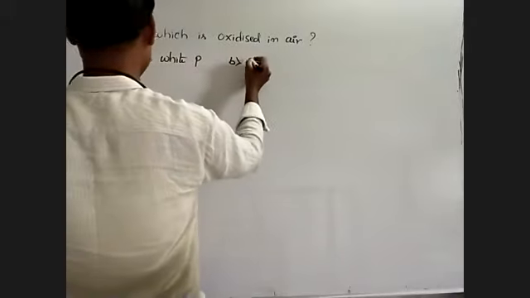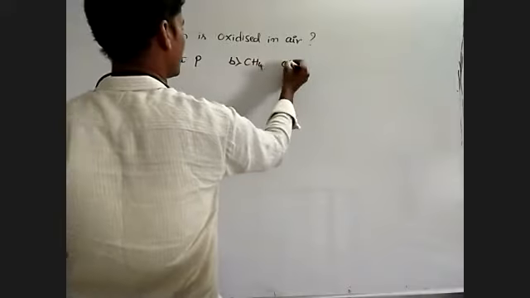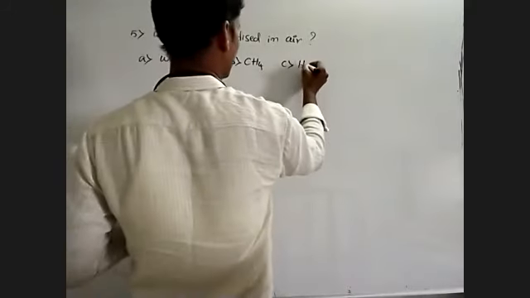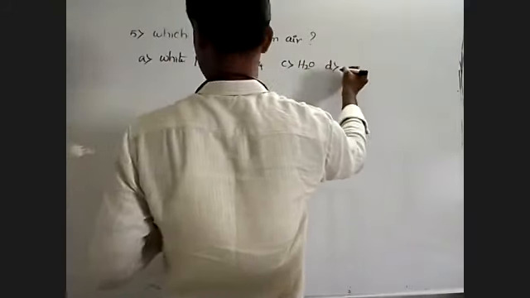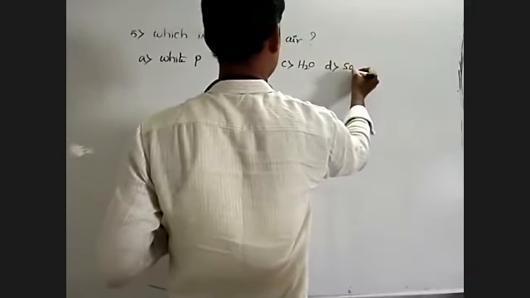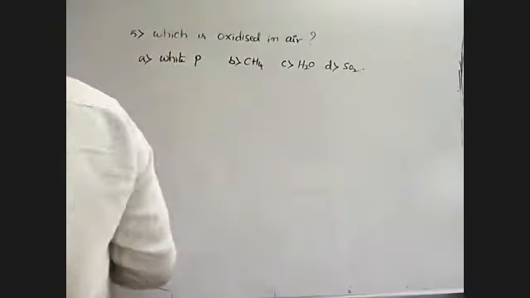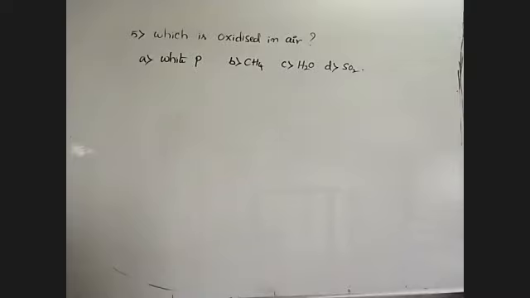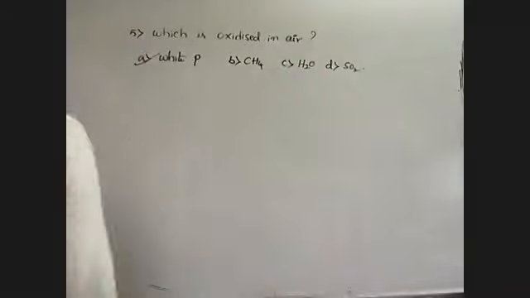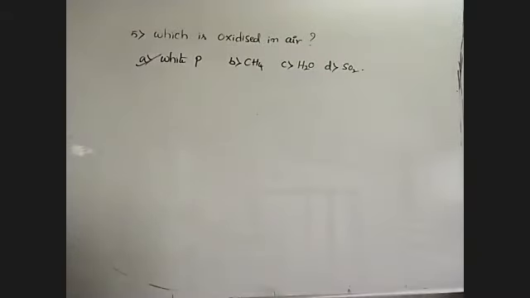Next B, methane, C H2O, and D SO2. Right. So which is oxidized in air? That is option A, white phosphorus. So white phosphorus is oxidized in air.